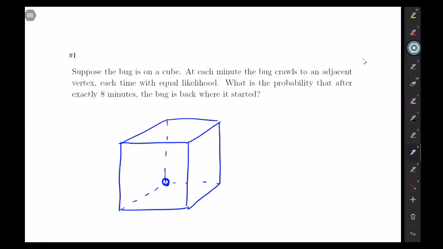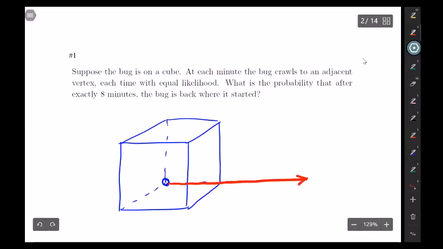I think one of the methods would be just to add some structure to this. Okay, let me go ahead and add some structure. So why don't we think of this as the x-axis? This is the y-axis, and this is the z-axis.